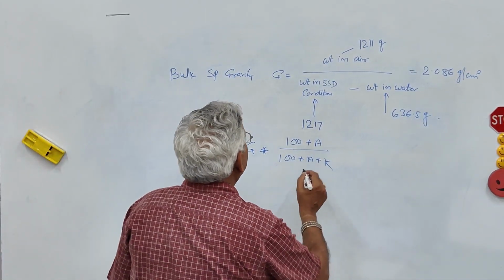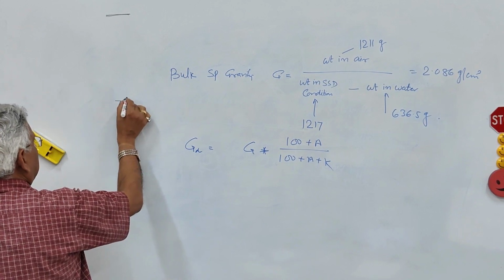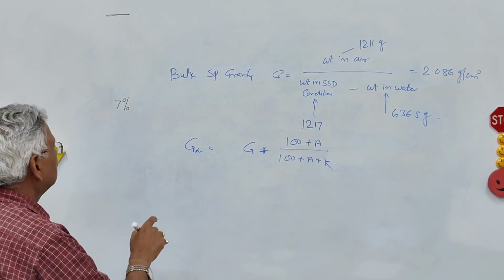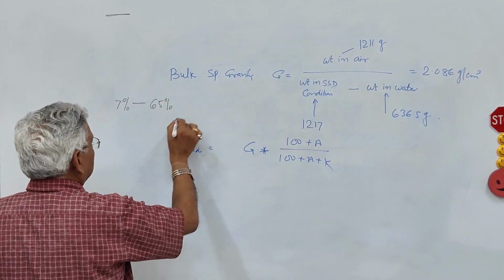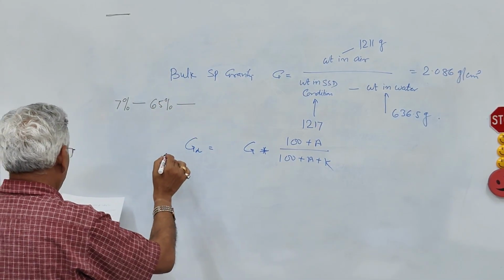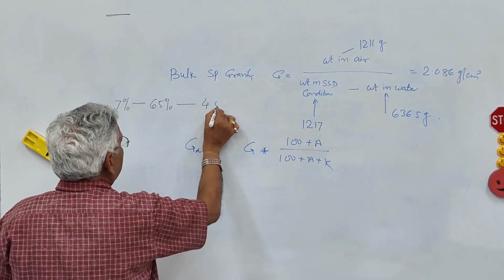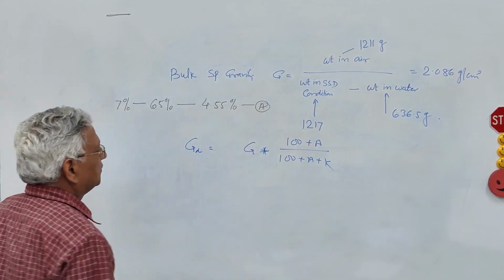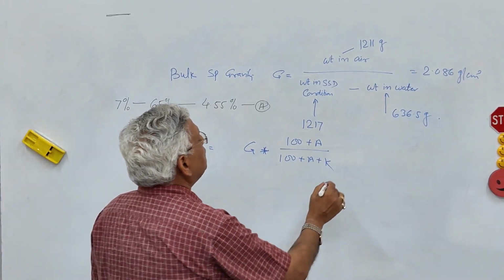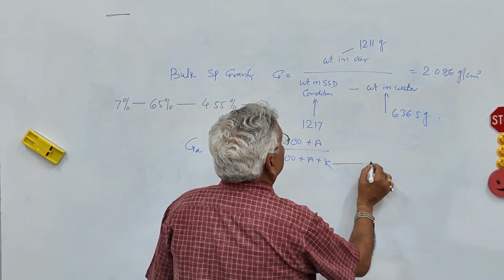So if you are taking, let us say, 7% emulsion in your mixture, and assume that it contains 65% bitumen, then 65% of 7% will be 4.55%, and that is your value of A. And K is the moisture at compaction.